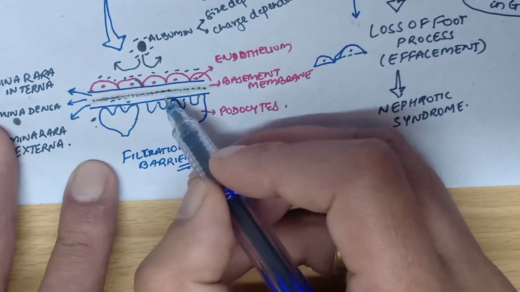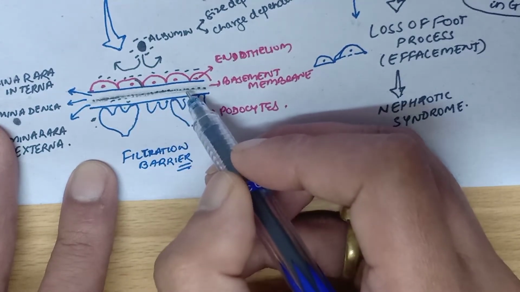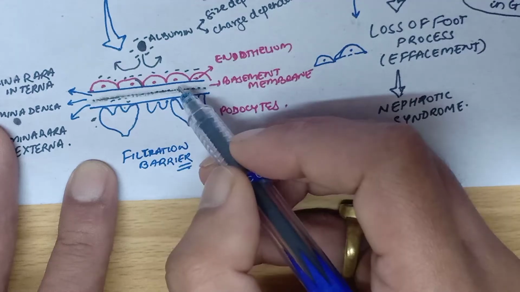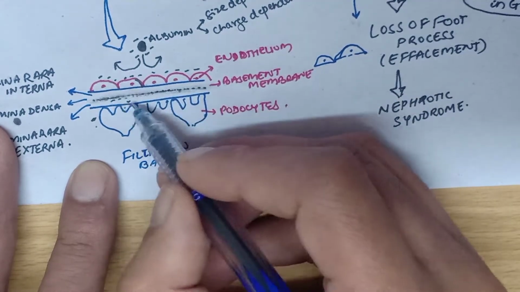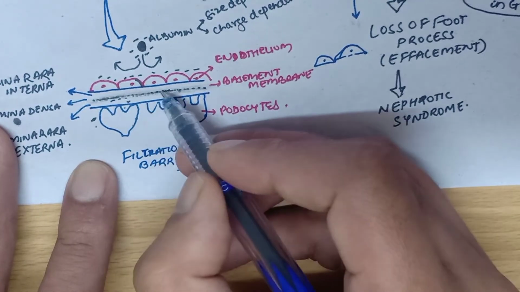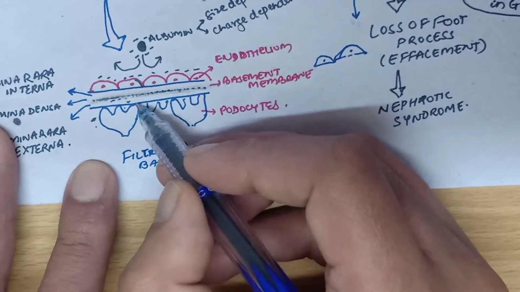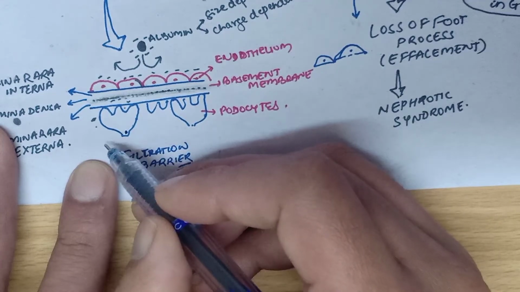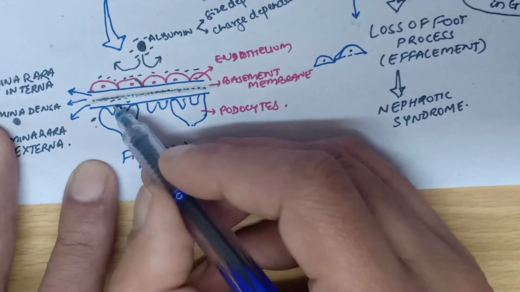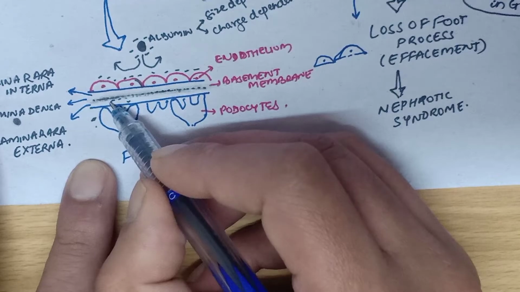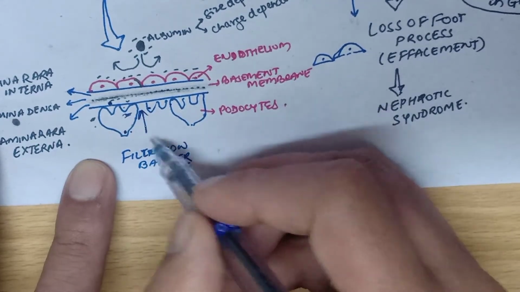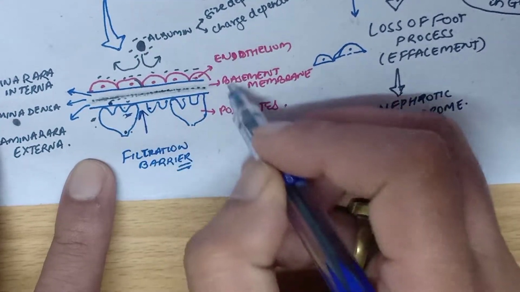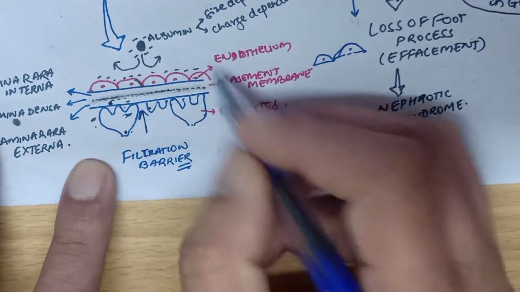The central part is the lamina densa, and on the endothelial side there is the lamina rara interna, and on the visceral epithelial side of the capillaries there is the lamina rara externa. In between the foot processes we have small filtration slits. So they constitute a filtration barrier.